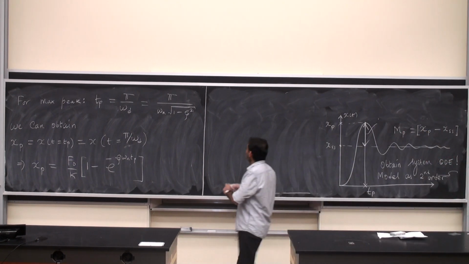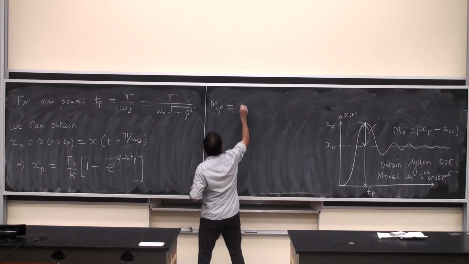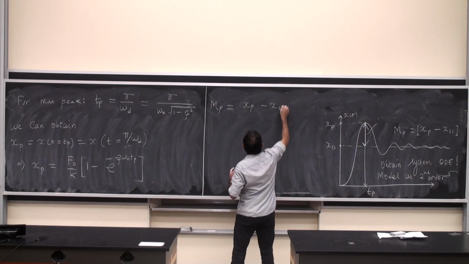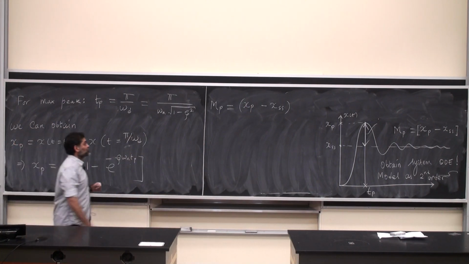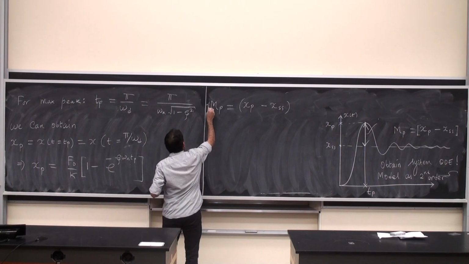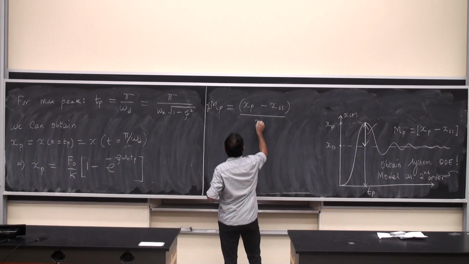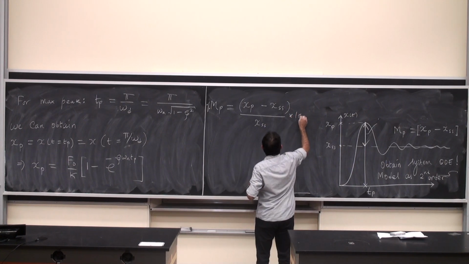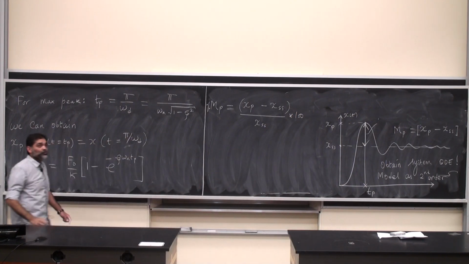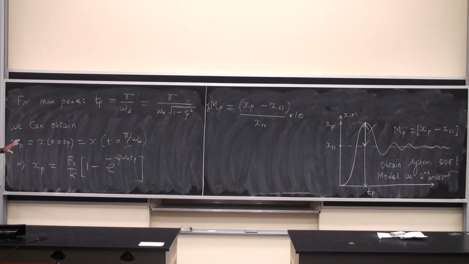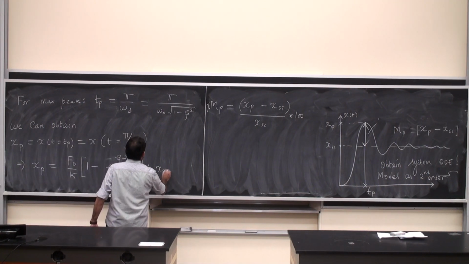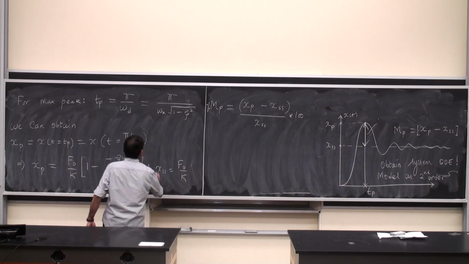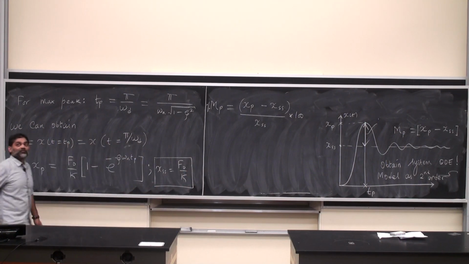To calculate M_P, which is x_p minus x steady state, or if I want to calculate it as a percentage, multiplied by 100, this is what you end up obtaining. Once again, I'm going to leave the substitutions to my lecture notes. This is the final result that I end up with. X steady state is f naught by k. This is one foundational result that we have.